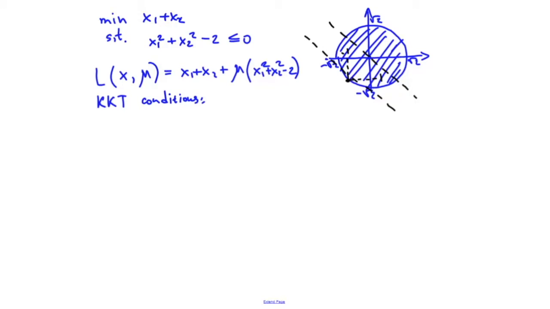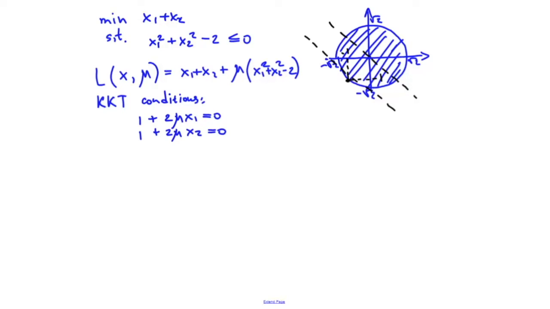So we'll have the first order derivative with respect to x1 will give us 1 plus 2 times mu times x1 is 0. The first order derivative with respect to x2 will give us 1 plus 2 mu times x2 is 0.